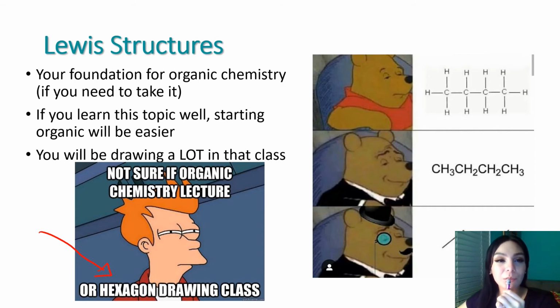And drawing these chemical structures is based off of Lewis theory. So if you learn this topic well, starting organic will be a lot easier whenever you finally get into that class and you start to tackle those very tough subjects in there.